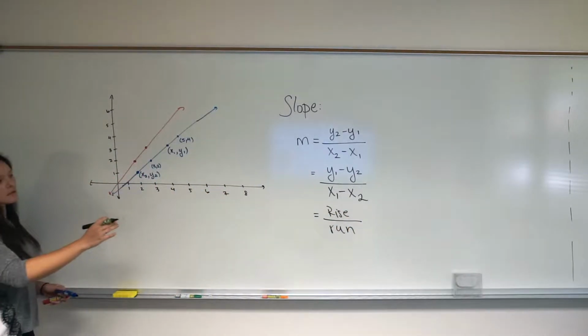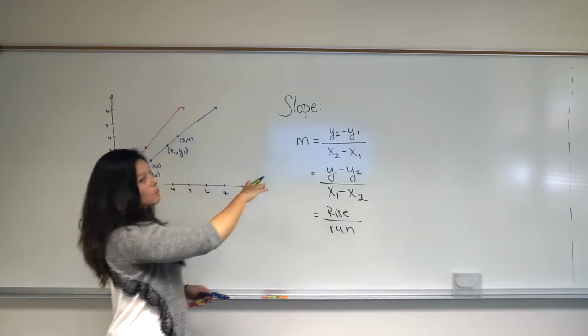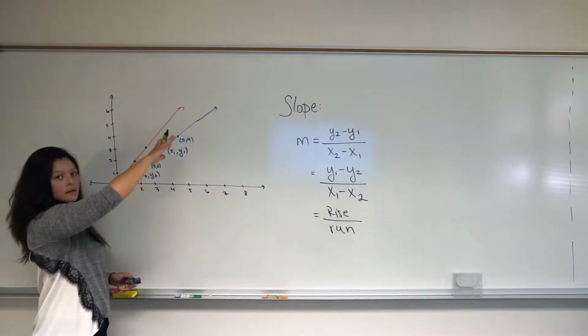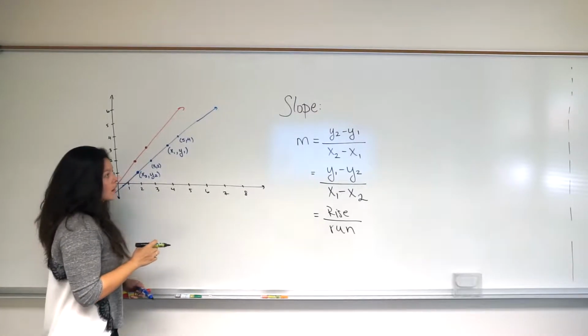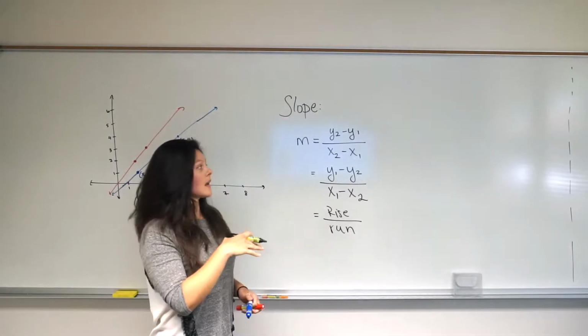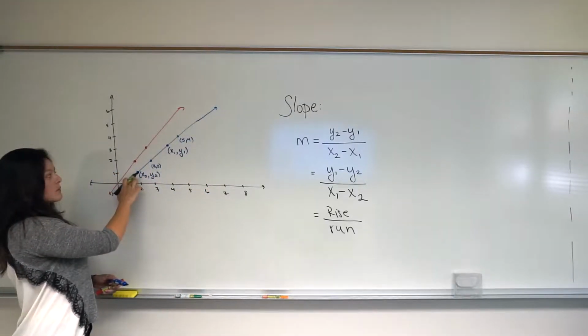The slope is the rise over the run. The slope measures how fast your line is falling or rising, how quickly it's falling or rising. Also, you might hear me say that the slope represents the average rate of change of your function given by this line.